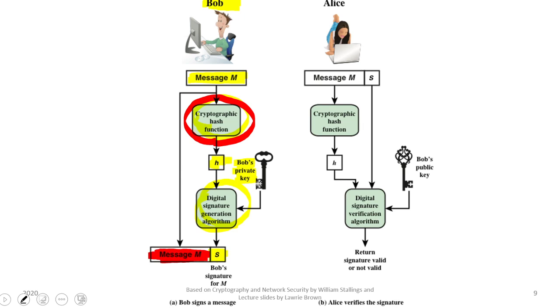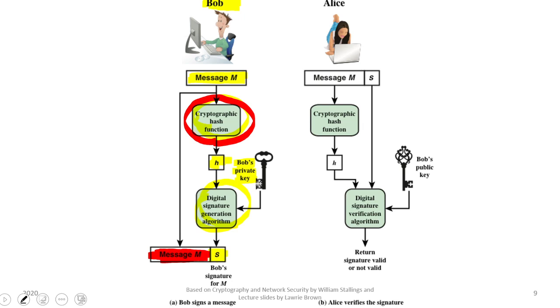If we use an appropriate cryptographic hash function, we can produce a significantly shorter hash text, for example, then the corresponding digital signature can also be significantly shorter, even for a much larger message. So that is the sending part.